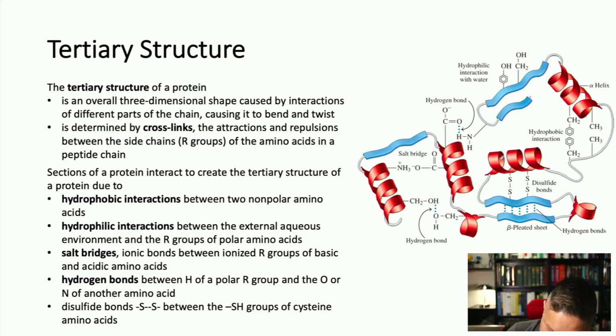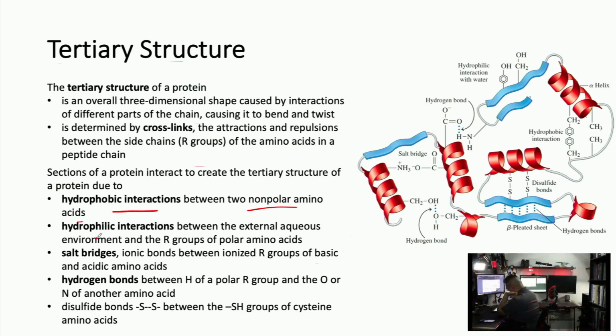So these non-covalent interactions are the hydrophobic interactions between two nonpolar amino acids, right? Hydrophilic interactions between the external aqueous environment and the R groups of the polar amino acids. We have salt bridges, which are ionic bonds between the ionized groups of basic and acidic amino acids.